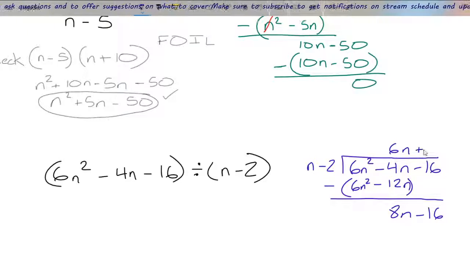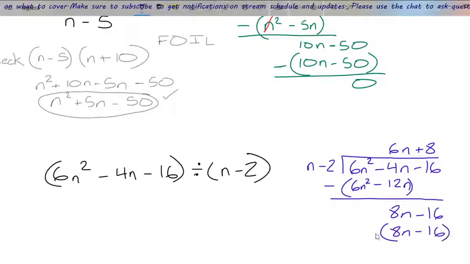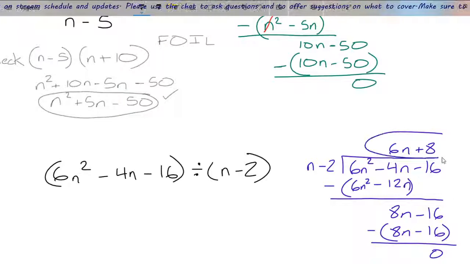We're going to multiply by positive 8. 8 times n, 8n. 8 times negative 2, negative 16. Subtract 8n minus 8n, 0. Negative 16 minus negative 16, so negative 16 plus 16 is going to just give us 0. So this should be our answer.